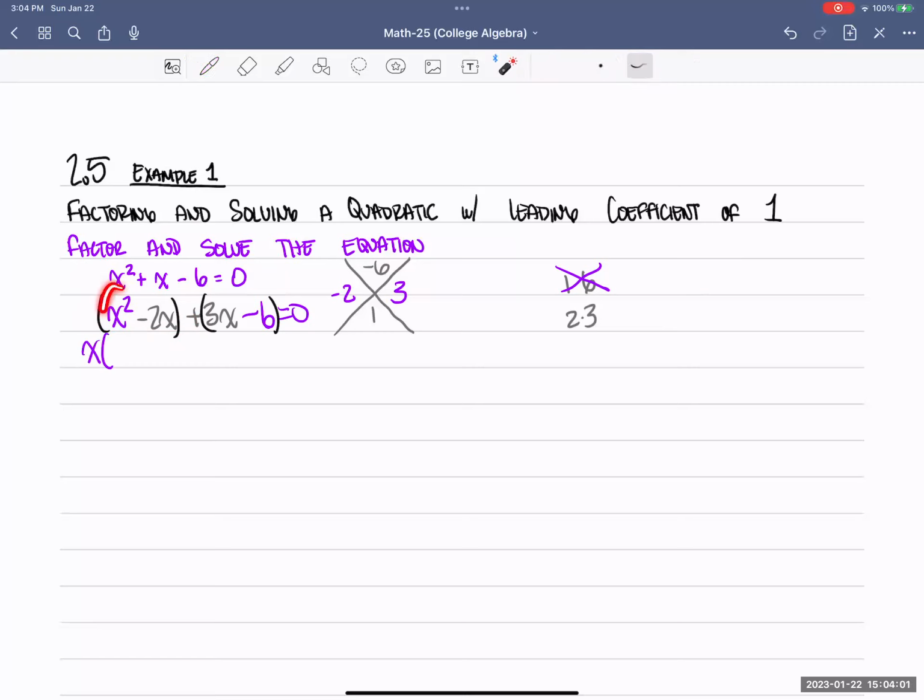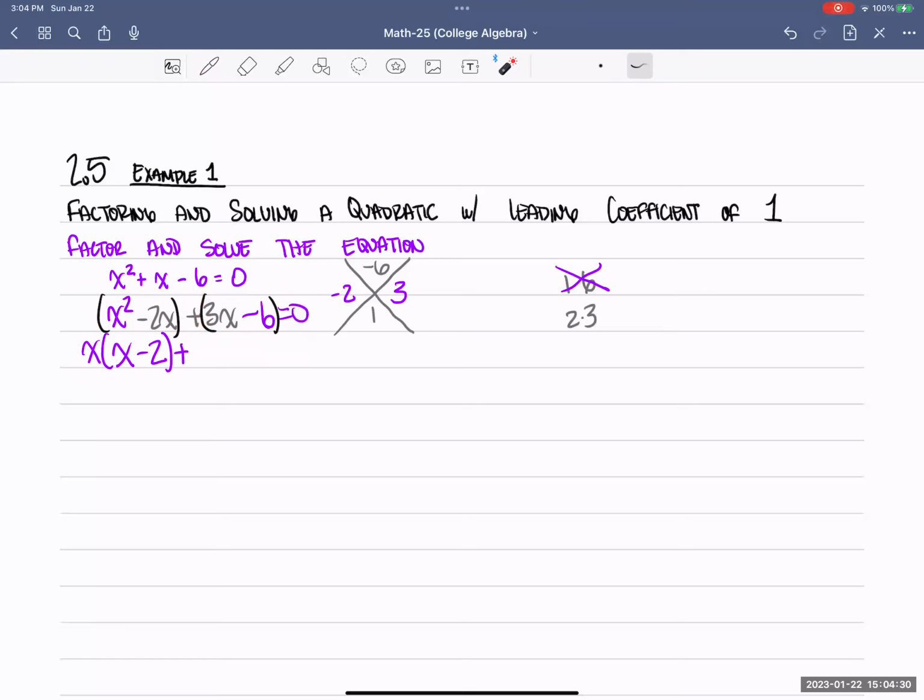When we factor out an x, we're dividing these values by the part we're factoring out. So x squared divided by x gives us just x. For that first part, it's going to be x, and -2x divided by x gives us -2. So -2 here, close the parentheses, plus, and we factor as much as we can from the second group.